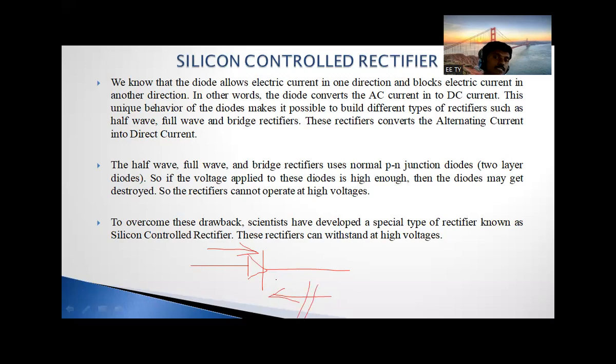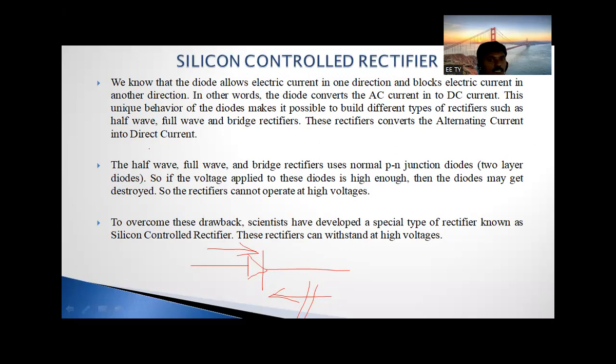Due to this nature, the diode can be used for converting AC to DC, that is, in rectifiers. Next point. These rectifiers may be half wave rectifiers, full wave rectifiers, bridge rectifiers, center tap rectifiers, and so on. These rectifiers will convert from alternating AC to DC.